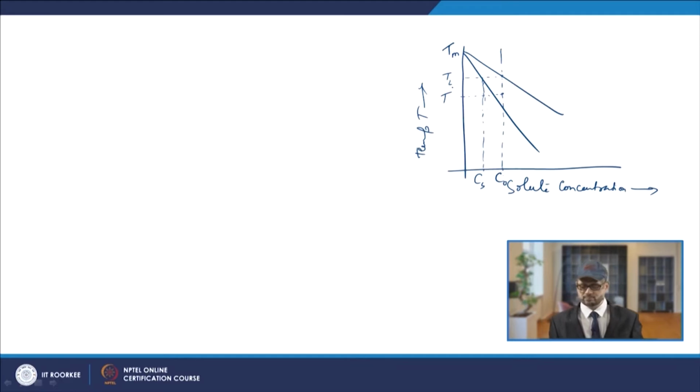At this point, the CS which was here will now be at this point. This is the concentration of the solute in the solid. So this CS will be varying along this line.